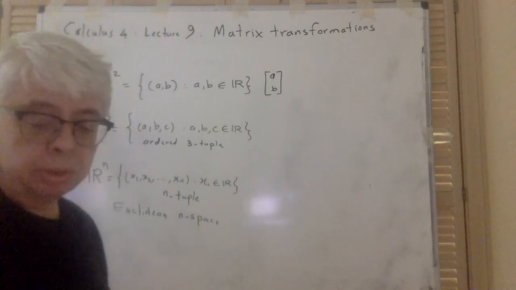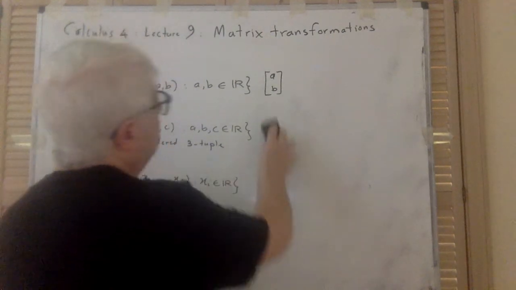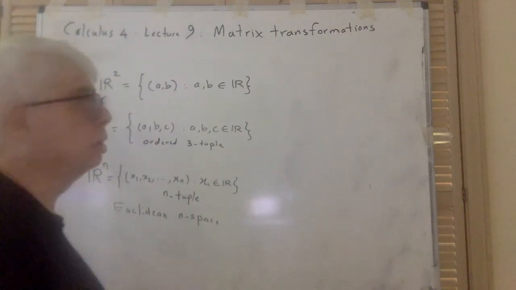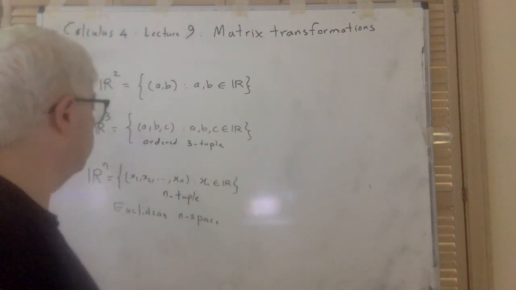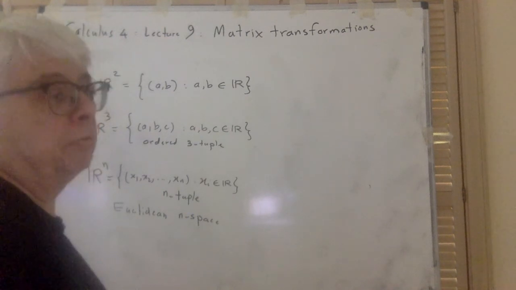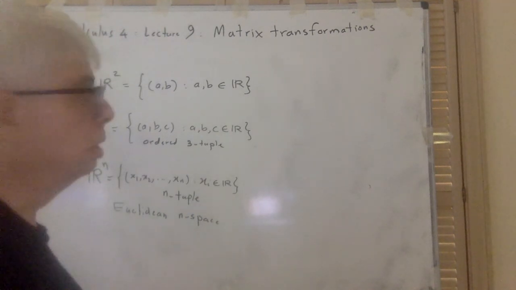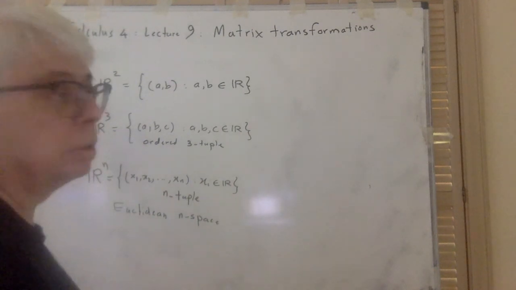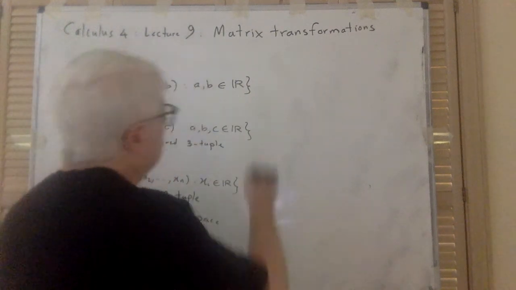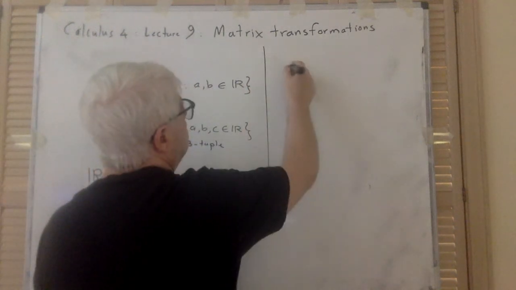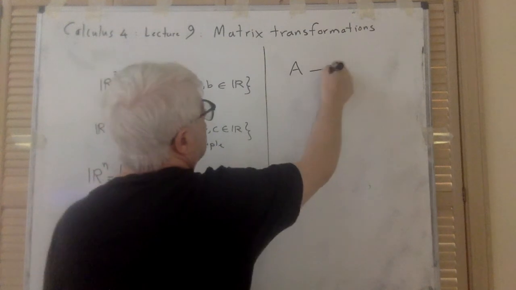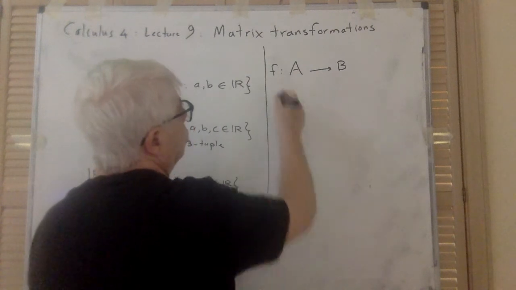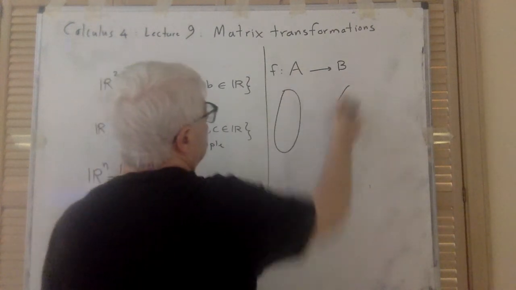But in mathematics, when you start studying some structure or some set, maybe the second step is defining a relation between those structures, and one of them is a function. If you are given two structures, say A and B, they might be just sets, you define a function from A to B. That is, you assign arrows.